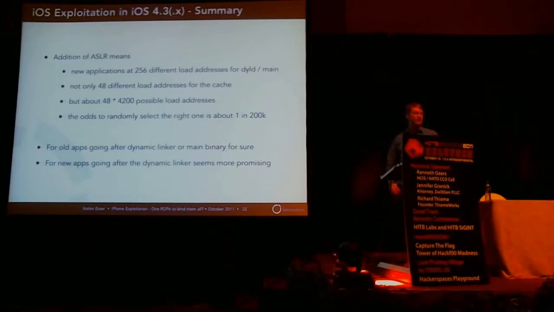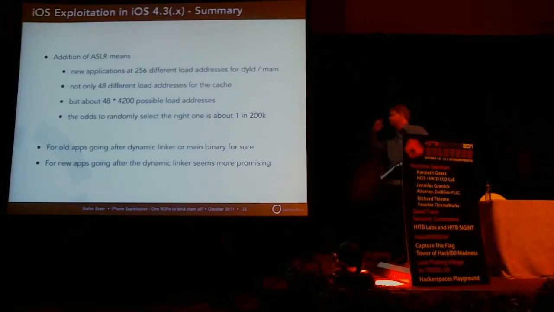Before that there were like 48 different load addresses for the cache. I think there's something wrong on the slide. Anyway, now you have like 48 times 2,000 possible load addresses.